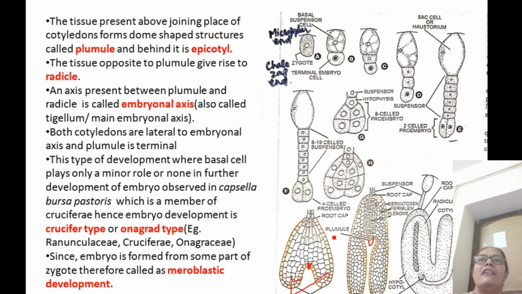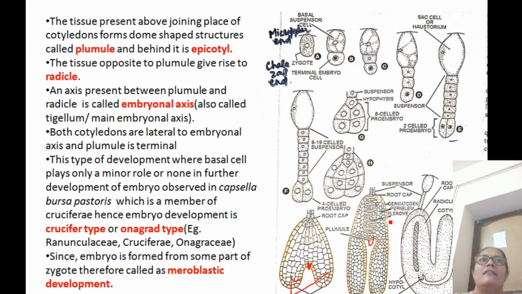Dome shaped means a ridge-like structure is forming. Dome shaped structure called plumule. Behind the plumule is the epicotyl, and the tissue opposite to the plumule is the radicle.